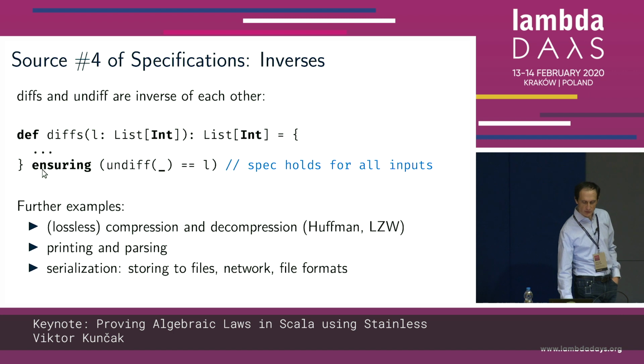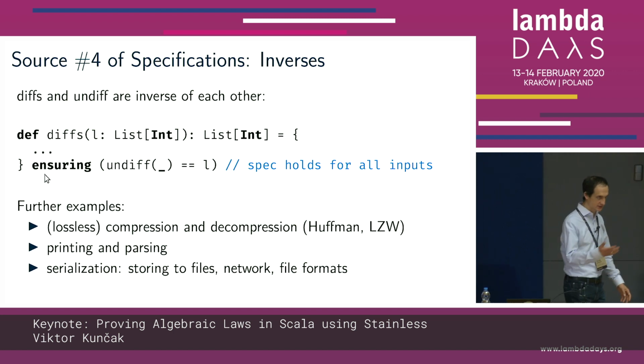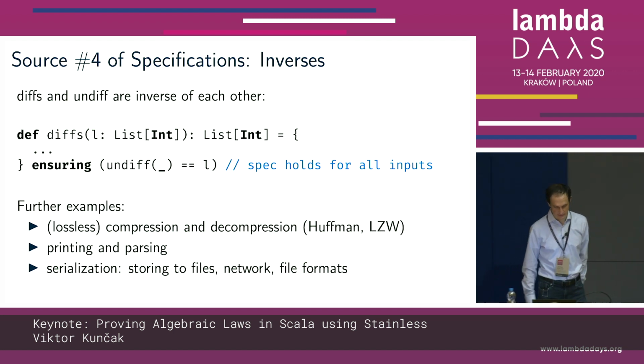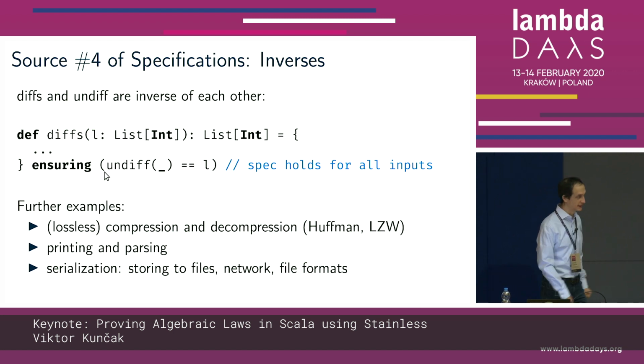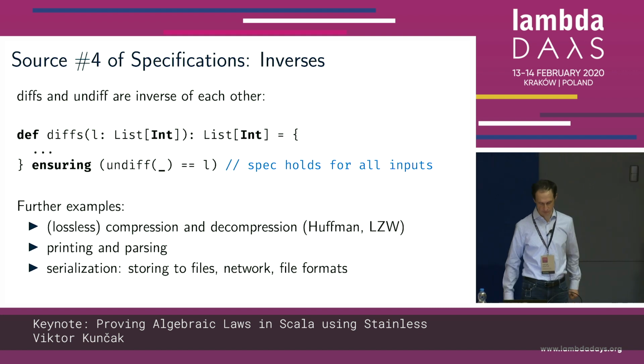You can write the specification of diffs by using undiff in the postcondition here, or the other way around, or you can write an external function check that we have seen before that just states the relationship. This affects a little bit how the proof is performed, because it's all based upon unfolding, and sometimes you may need to tell the system, do induction on the first argument.